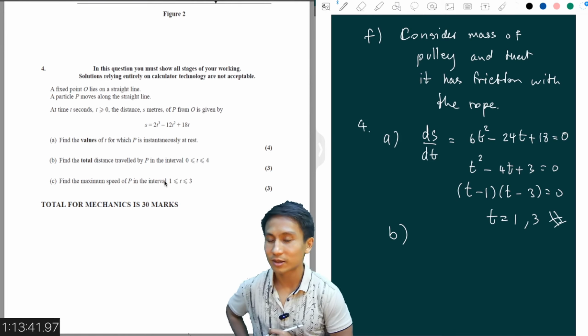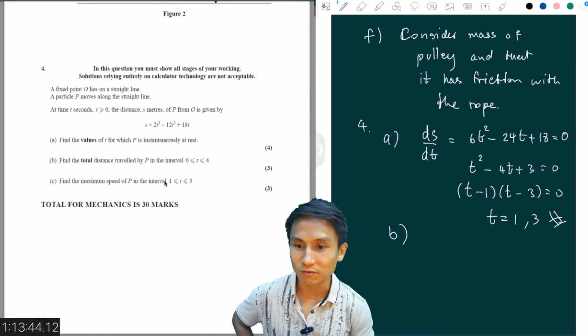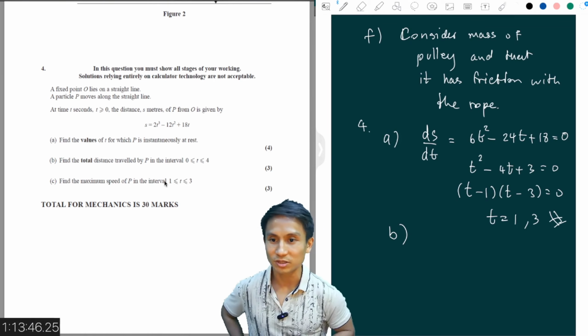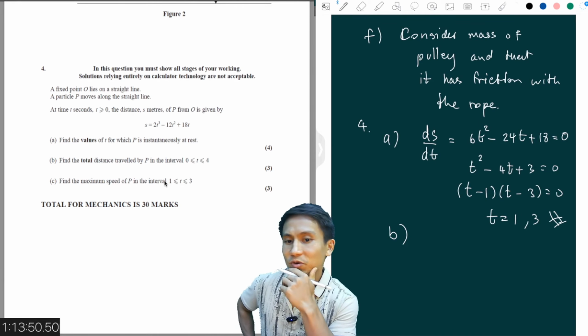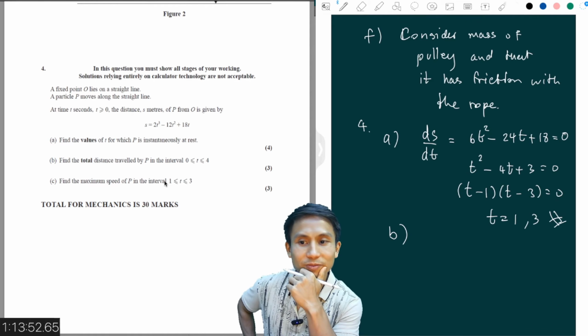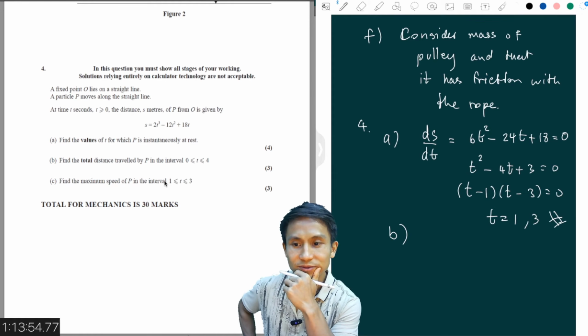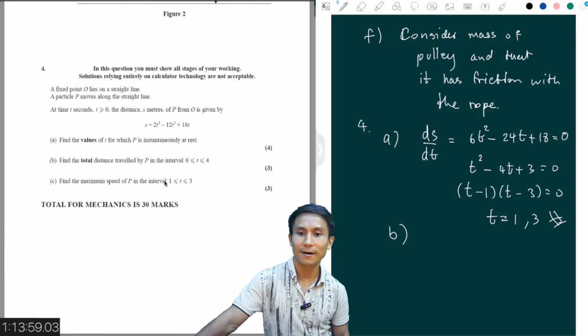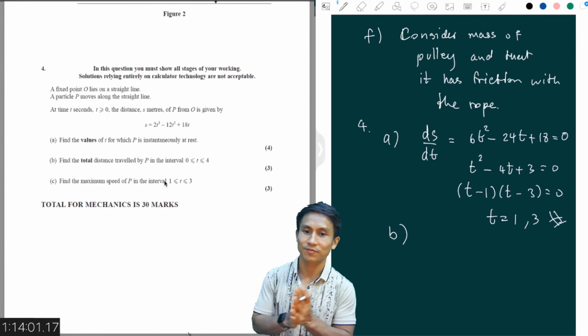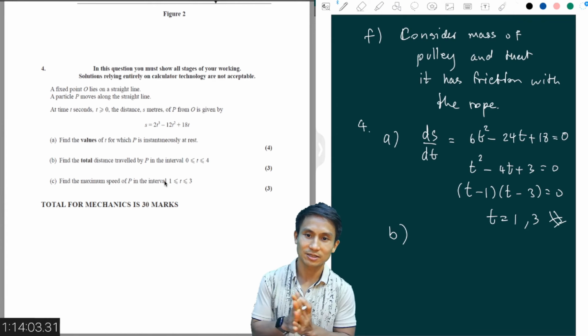Part B. Find the total distance traveled by P in the interval 0 to 4. Well, if we plug 0 in, we get 0, right? If we plug 4 in, we get... It shouldn't be that easy, right? Okay, you know what?